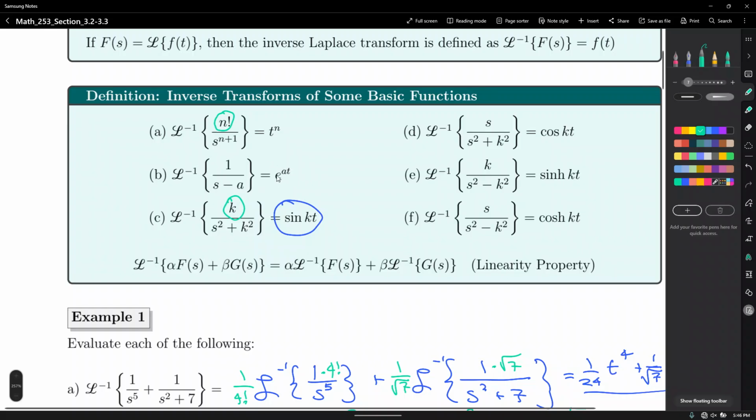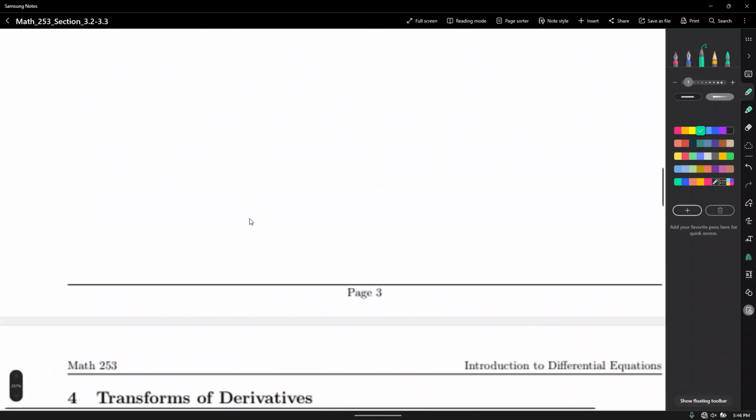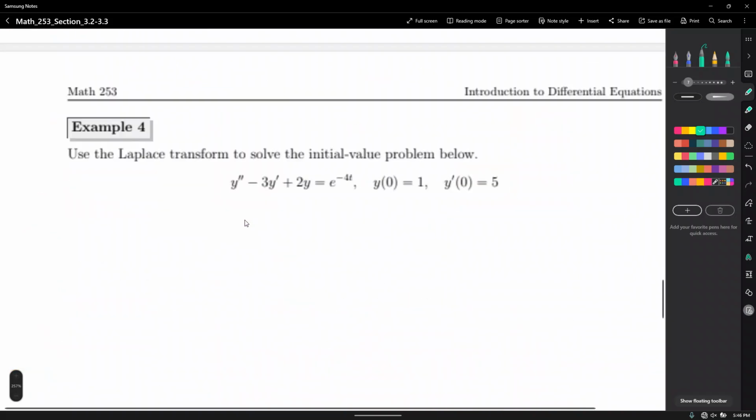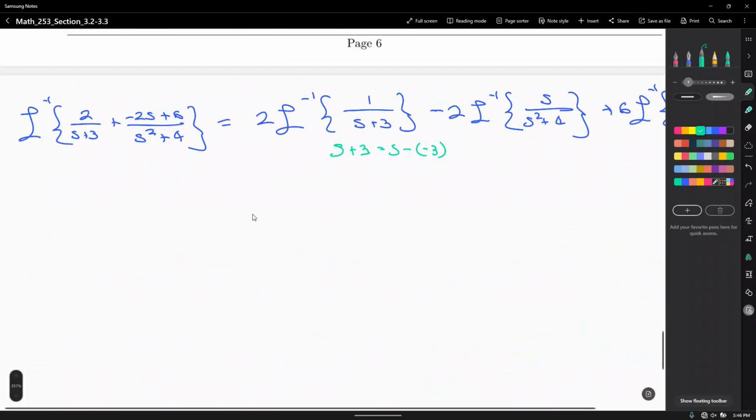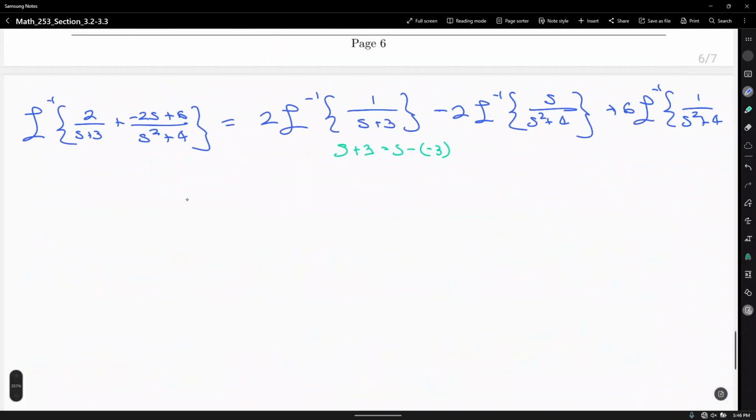So in this case, the coefficient a in the exponential would be negative 3, along with its coefficient. So this will be equal to 2 times e to the negative 3t.